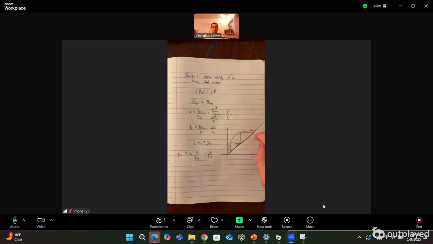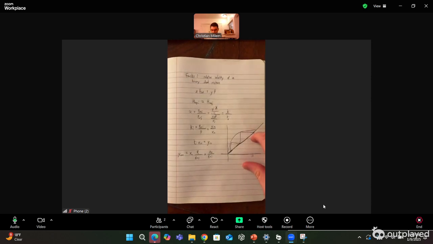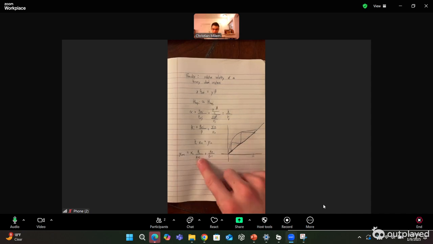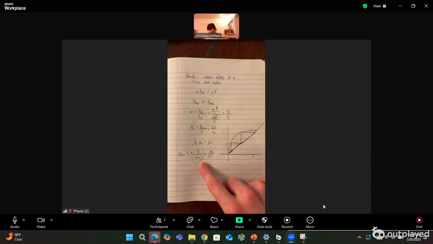So what do we have to do for our operating line to be a perfect 45-degree line? We would have to make the slope of this function equal to 1. So that happens when you take this R over R plus 1 term and you make it 1.